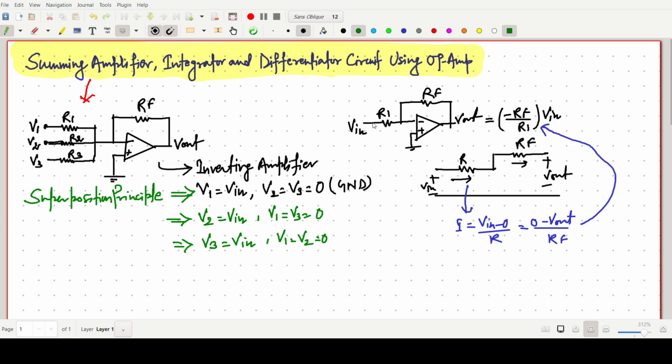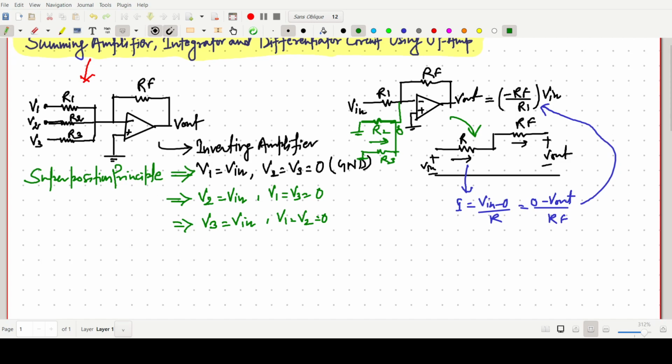The thing is that in this circuit, the other resistance, say r1, say this one is r2, this will be grounded. Okay, and this one is 0, so there will be 0 current, so no need to worry about the r2 resistance. Similarly for r3, this one is grounded, so it behaves like a simple inverting amplifier.